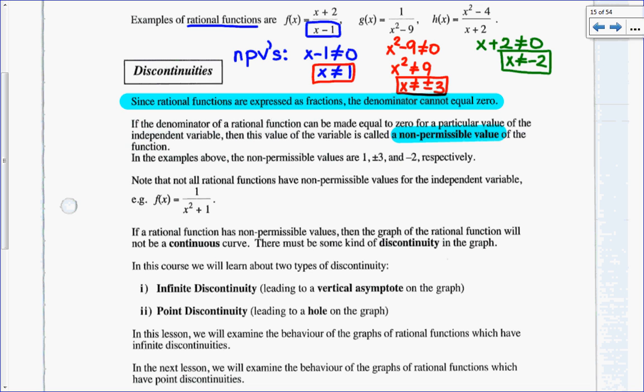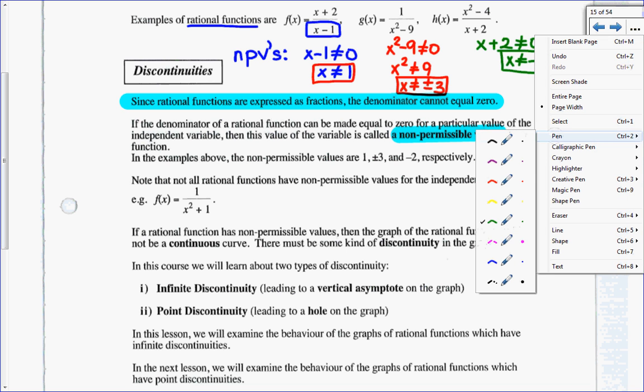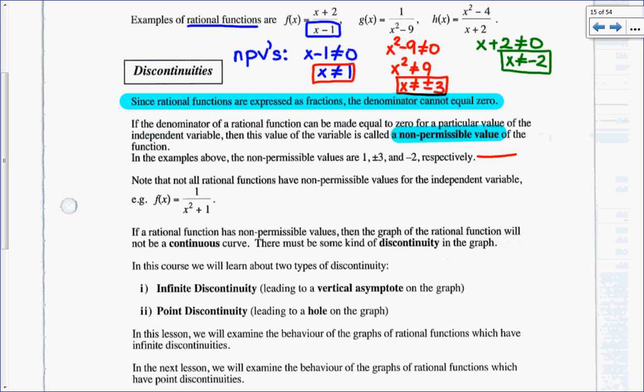Okay, and that's what we just calculated above, and I showed you how to do that. In the examples above, the non-permissible values were positive 1, positive or negative 3, and negative 2, respectively, which is just what we calculated. Okay, so you can just draw an arrow up there. That's exactly what we did there.